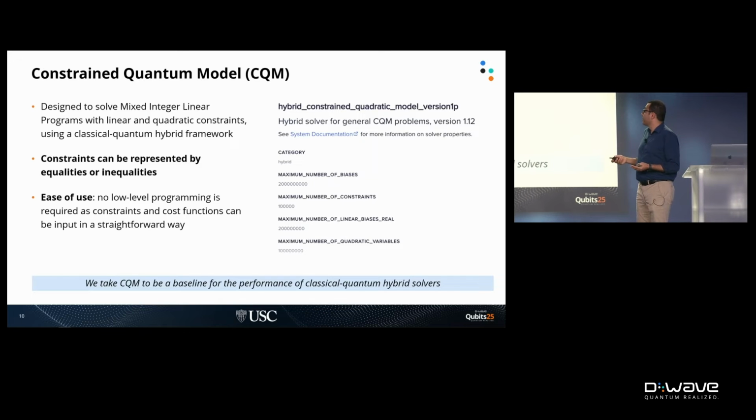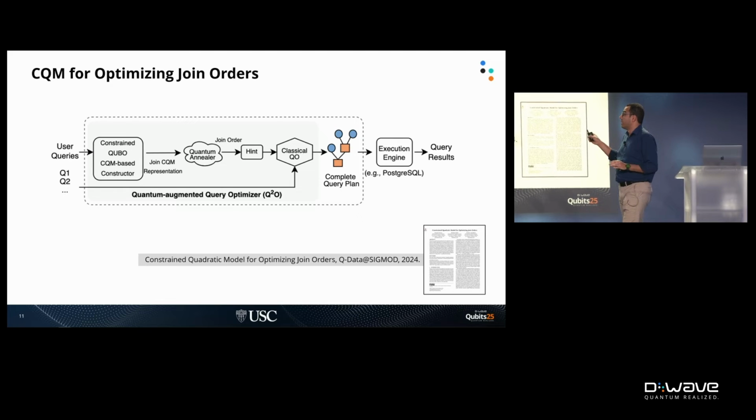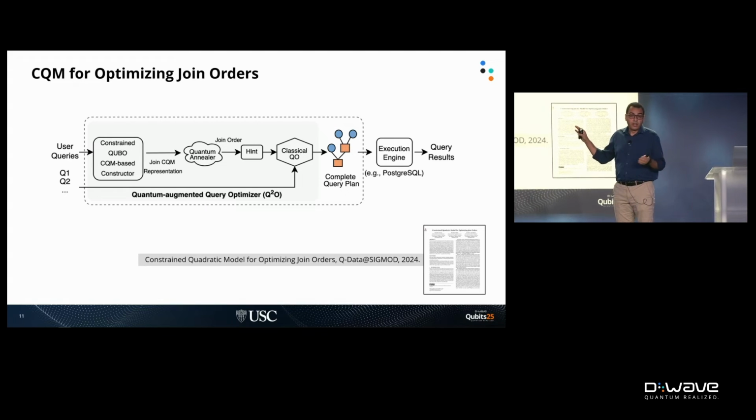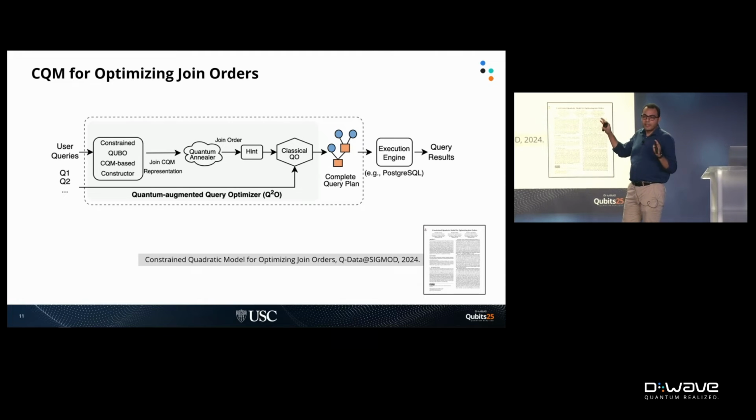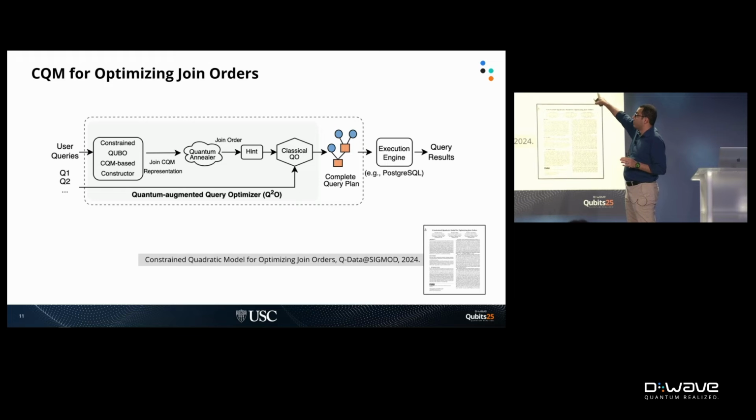So this is the workflow of our architecture, of how we use that hybrid solver, or the quantum computing capabilities, and integrate it with a real database management system. Our real database management system is right next to the shaded box here, which is called the execution engine.